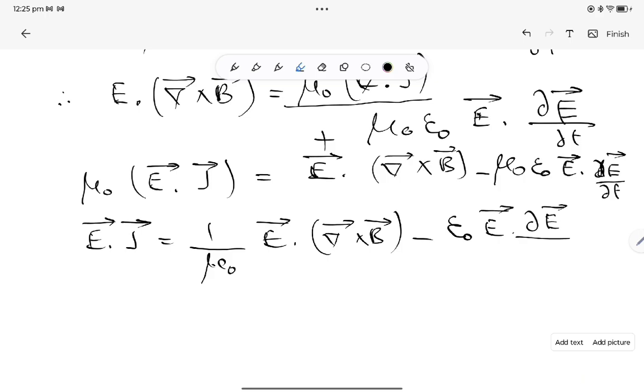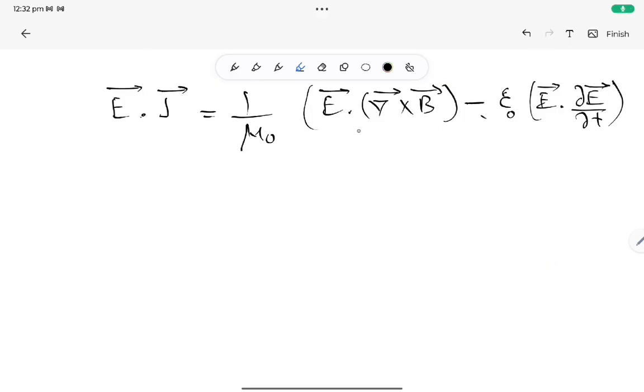Now we have this first term on the right hand side. We will find its value in terms of the product rule that I mentioned at the beginning of this lecture, that is del dot A cross B. You may say, well sir, it doesn't have del dot, here it is E dot.